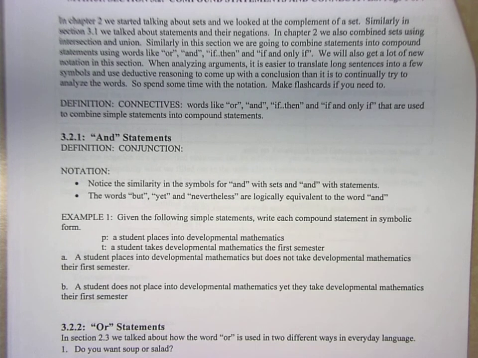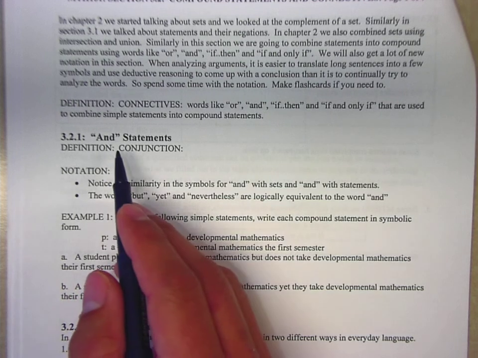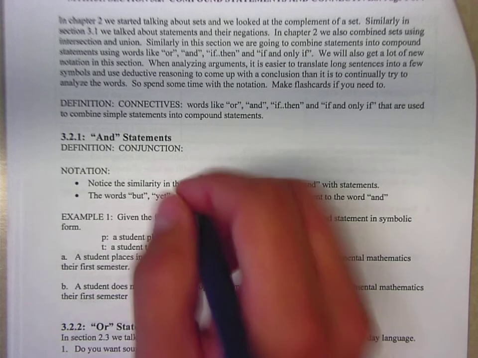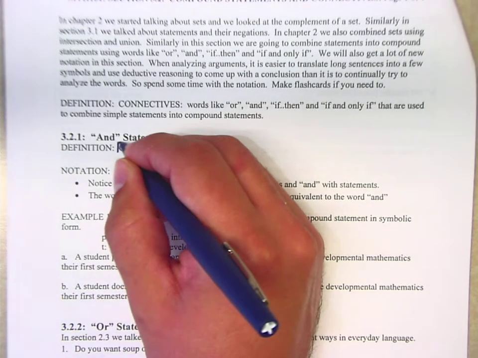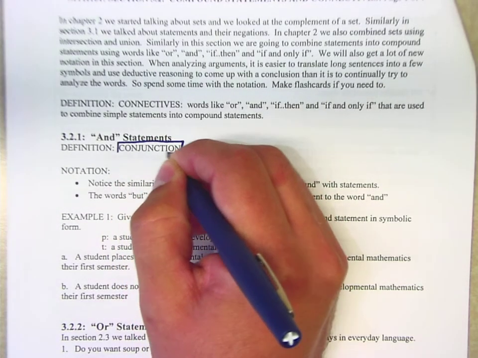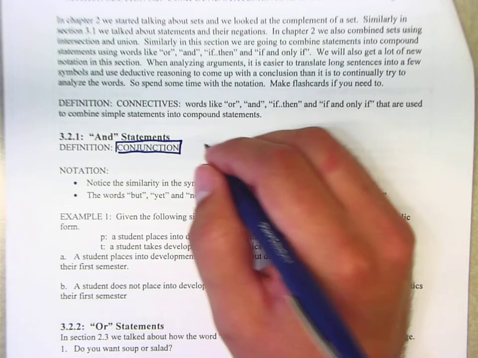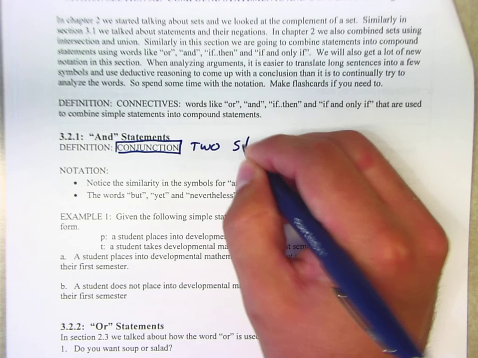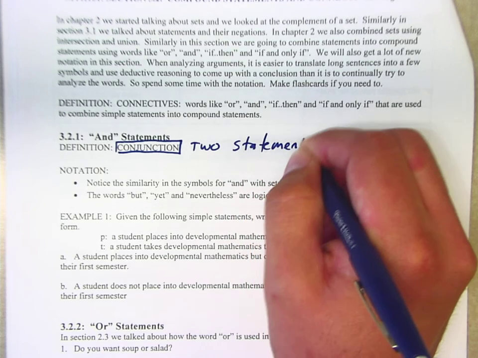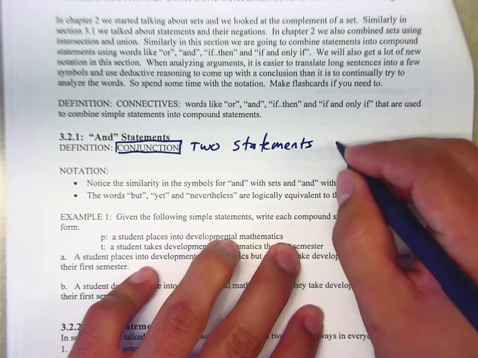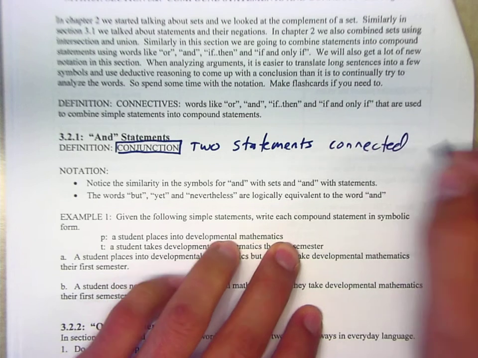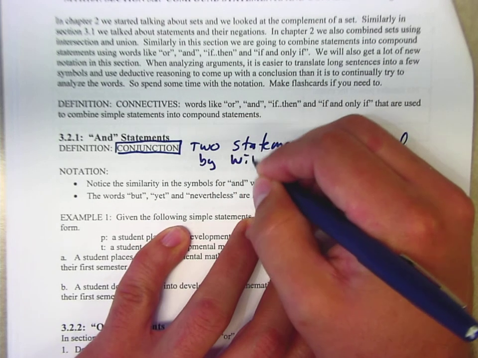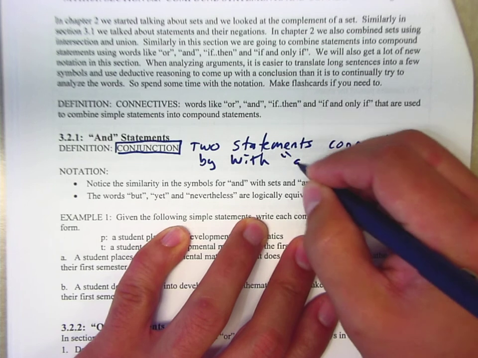So first we're going to go ahead and start talking about an AND statement. The official definition, the fancy word, is called a conjunction. What that really means is we have two statements connected with the word and.